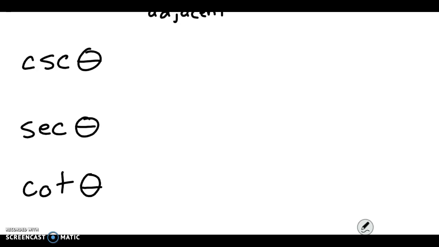Okay, now each one of these, you'll have this stuff on your calculator, which we'll get to in a minute. Okay, and you'll notice that cosecant is sine flipped, so it's hypotenuse over opposite.